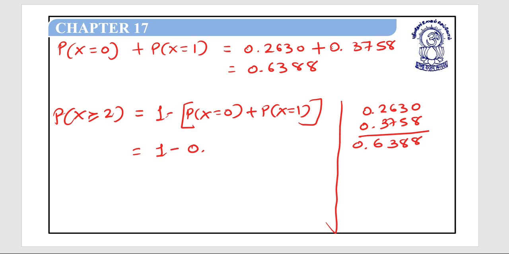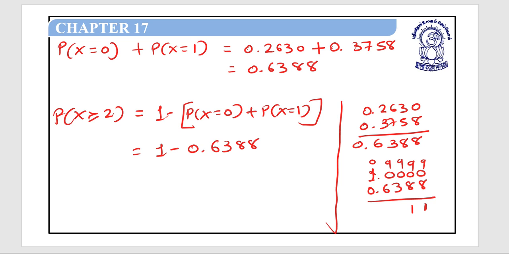So it is 1 minus 0.6388, which is 0.3611.